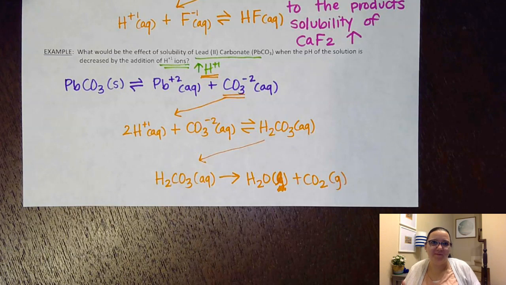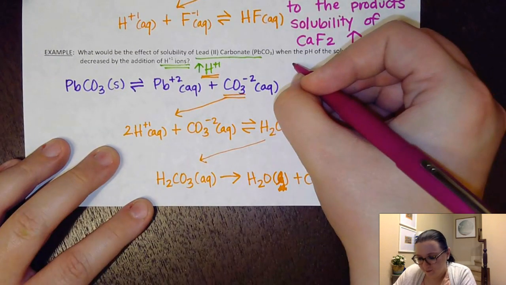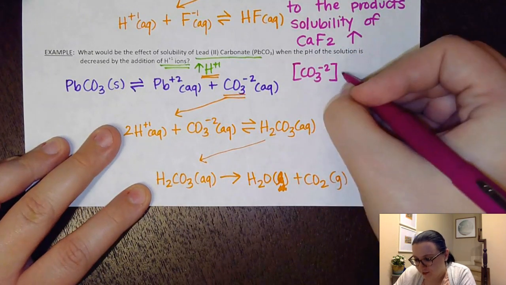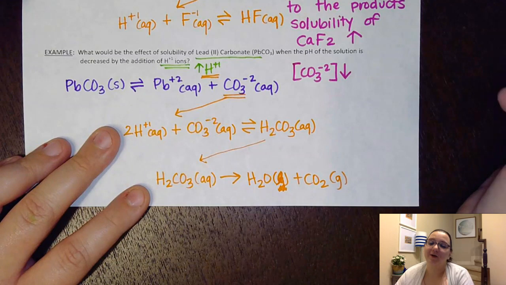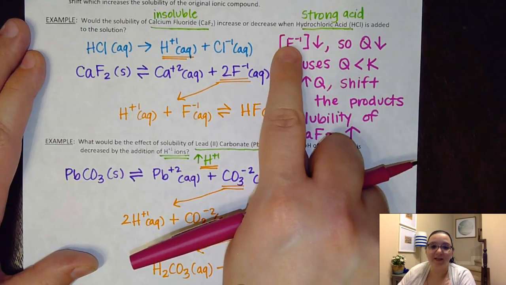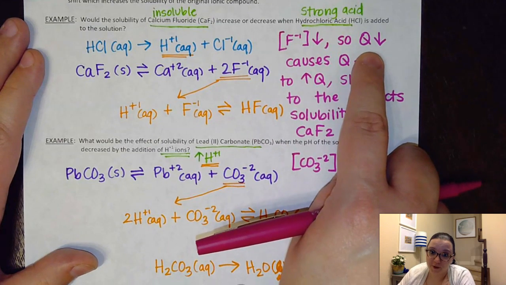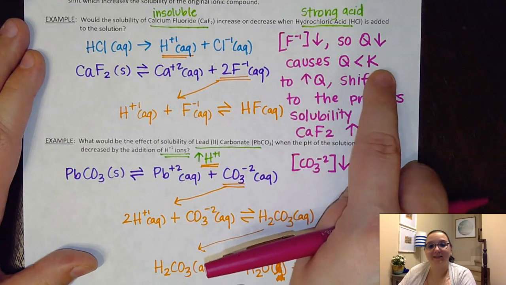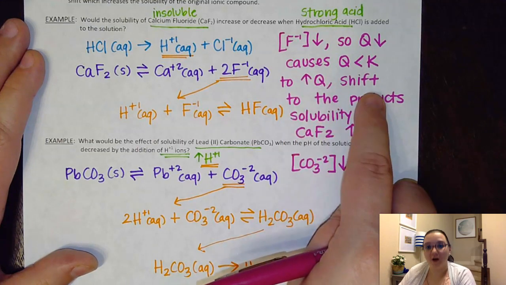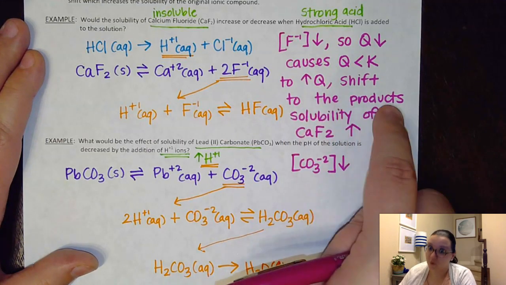Now, the net effect of this is the same thing we saw up above. What's happening is our carbonate concentration is constantly being decreased, which, let's be real here, if our product is decreasing, the Q gets lowered, causing Q to be less than K. So in order to increase the Q, we would constantly be shifting to the products.